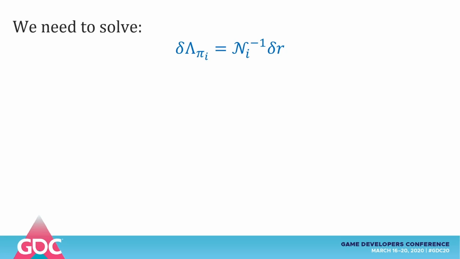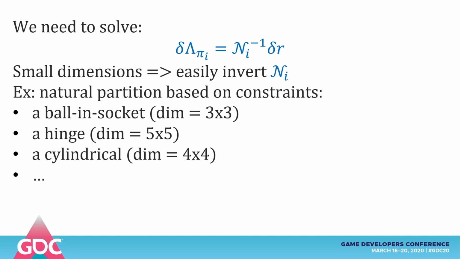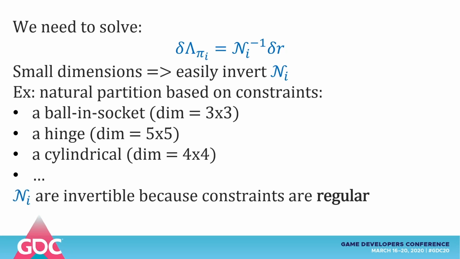For small dimensions, this is as easy as inverting a matrix using a naive method like Cramer's rule. For example, using the natural partition coming from grouping the rows by constraints, the node matrices will have dimensions up to 6 by 6. And these are invertible because we assume the constraints are regular.